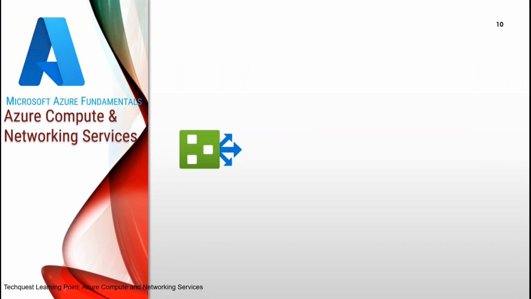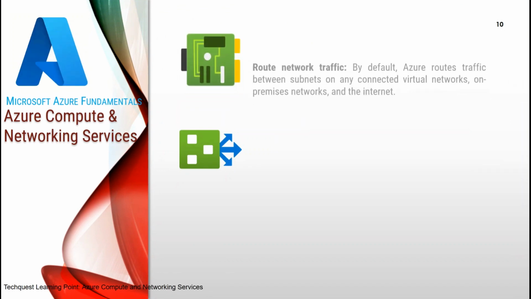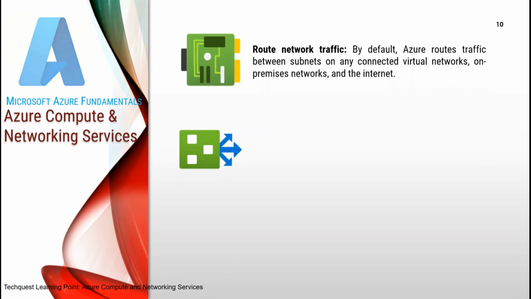Route network traffic. By default, Azure routes traffic between subnets on any connected virtual networks, on-premises network, and the internet. You also can control routing and override those settings as follows. Route tables allow you to define rules about how traffic should be directed.